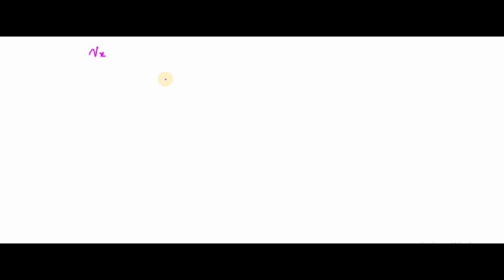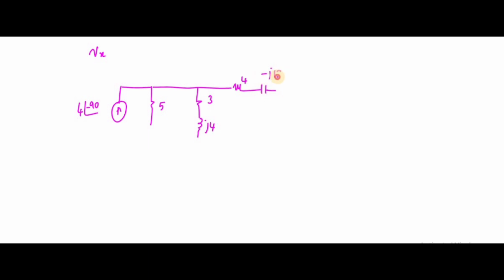The given circuit has a current source 4 angle minus 90 degrees, a 5 ohm resistor, an inductor 3 plus J4, then a 4 ohm resistor followed by minus J13, which is a capacitor, and here we need to find the value of Vx.